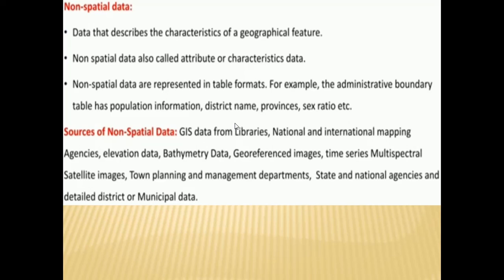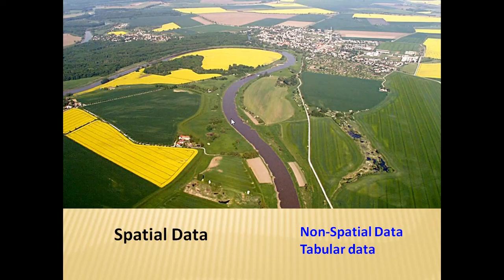What about non-spatial data? First you have to understand what this image is. If you observe this image, so much of this area is agriculture area, and this area is a river. Beside the river all are agriculture.